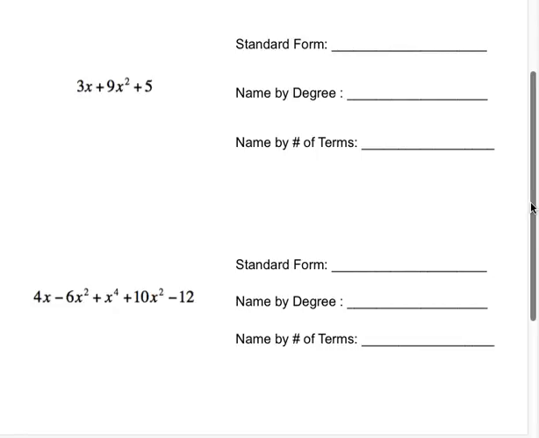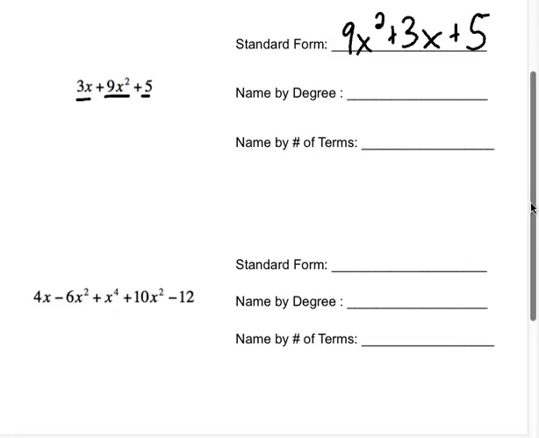So I notice the 9x squared. I'm just going to write that one first, then the 3x, then the 5. So you can always write it with the highest degree first, working your way down.